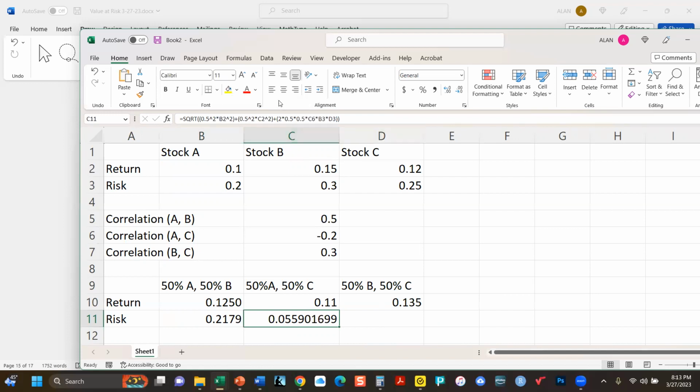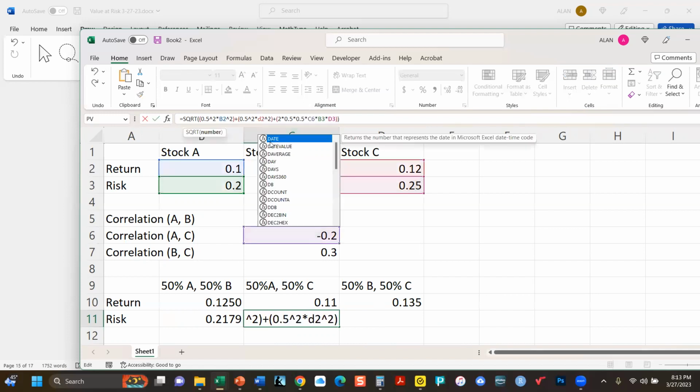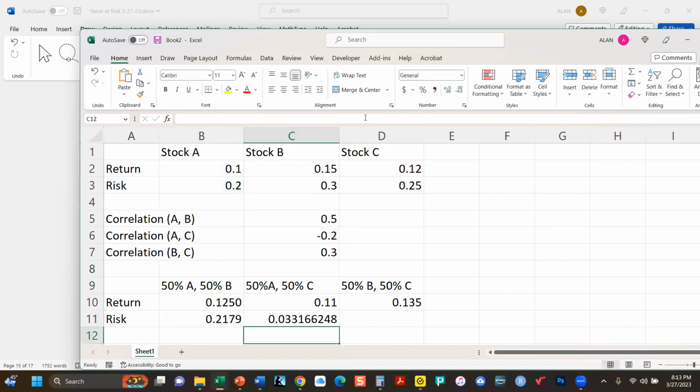No, this is supposed to be D. All right, that's better. So it's 0.5 squared times E plus 0.5 times D plus 2 times a half times C6 times B3 times C3. All right, good.